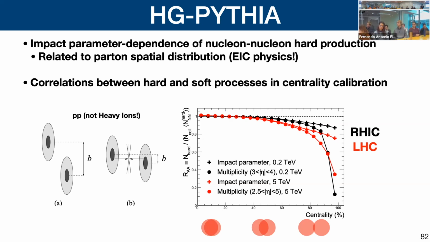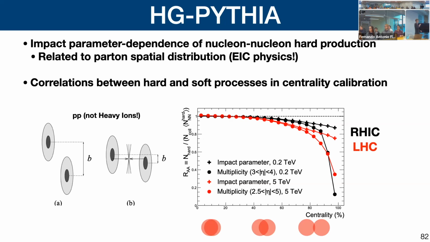And so they found two effects that cause this suppression. The first effect, let's just focus on the LHC point, but it also generalizes to RHIC, is the crosses here. This is related to the fact that if you have proton-proton collisions, these are protons, not heavy ions, right? If the impact parameter of the protons is smaller, there's a greater likelihood of having a hard process, at least in the models.